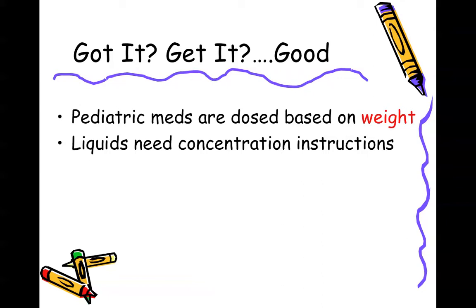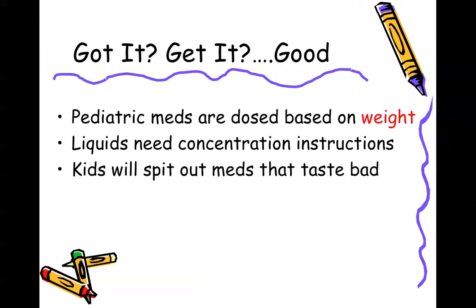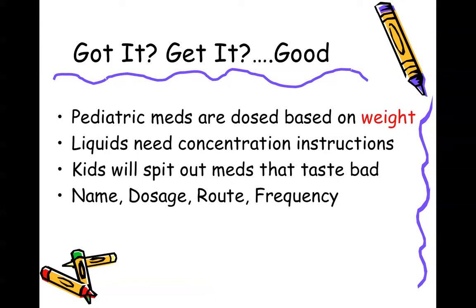So one manufacturer makes this medication at 100 milligrams per 5 mLs, and the same exact medication by a different manufacturer is 10 milligrams per mil. And so those are very different in terms of, if you just specify the volume in milliliters, you're not going to be able to understand how much milligram or the dosage that you need. Kids will spit out meds that taste bad, and that's important to remember.